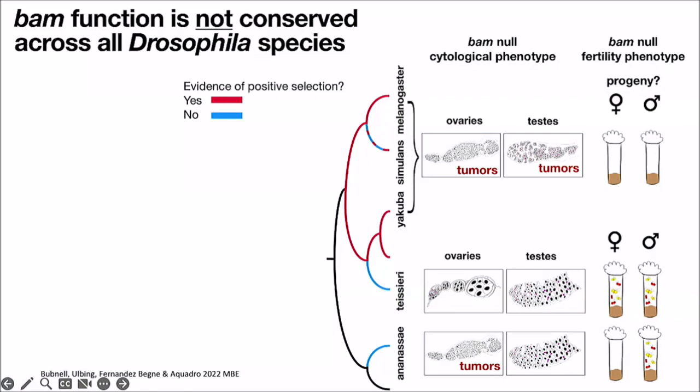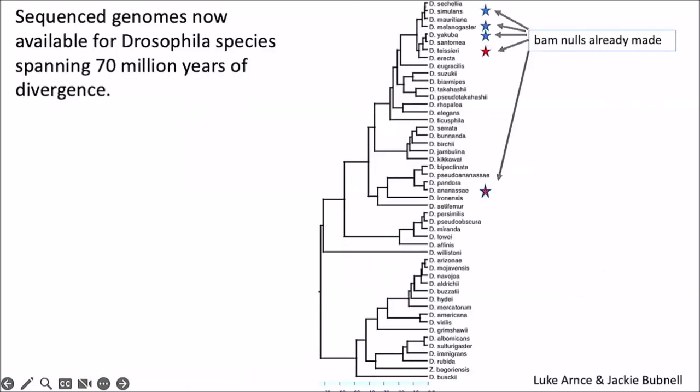In ananassae, the lights go off in ovaries, so to speak, but they're still fine in testes. This relates to what you think of as genetic redundancy. Teissieri and ananassae are producing gametes in both males and females in the wild, but the key regulation of it seems to have changed.